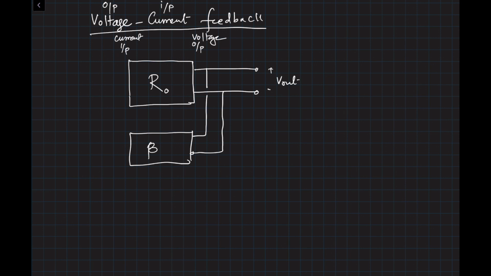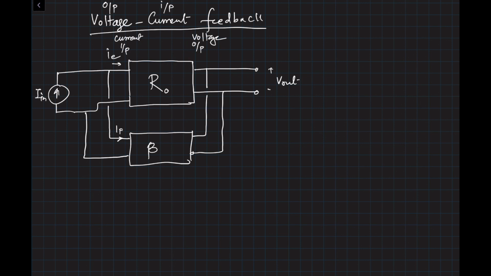Okay, so input current, which means that I have a signal current source I in, which is being applied over here. Since my feedback coming in is also current, then we can connect it like this. So part of the current is being stolen by the feedback factor here, and then the final error current, which is IE, is going in.